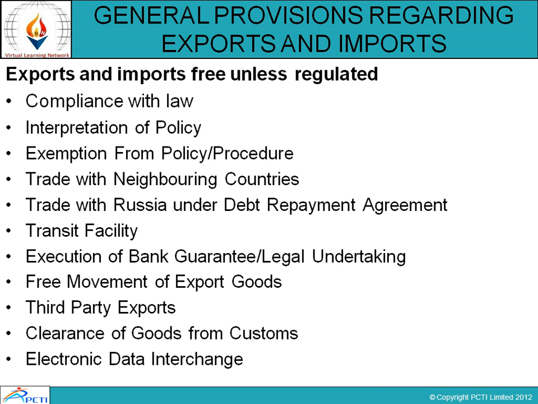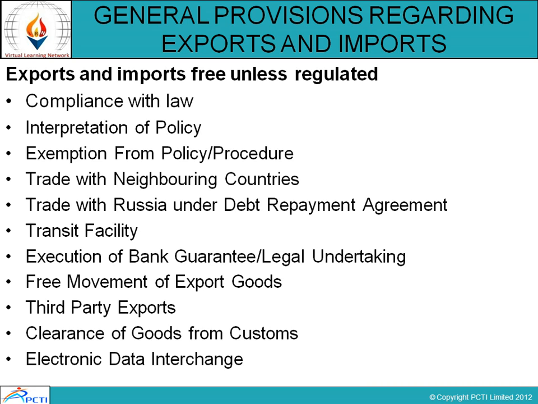Then the execution of a bank guarantee or legal undertaking. Where any duty free import is allowed or where otherwise specifically stated, the importer shall execute a legal undertaking or a bank guarantee with the customs authority before clearance of the goods through customs. However, an exporter with an export turnover of at least rupees 5 crores in the current licensing year and a good track record of 3 years will be permitted the legal undertaking.